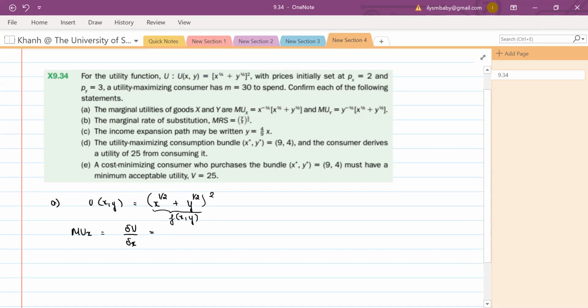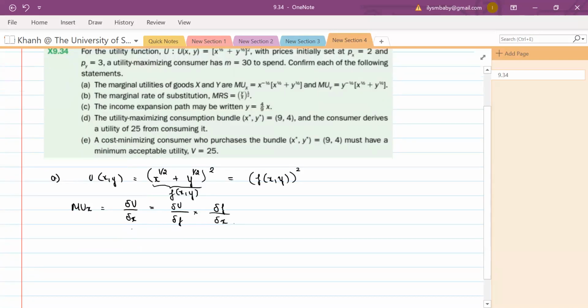So when you differentiate u with respect to x, you basically differentiate u with respect to f, treating the whole f as a function, where f is x to the power half plus y to the power half. If you treat the whole f as a variable and differentiate u with respect to f, then you multiply by the differential of f with respect to x.